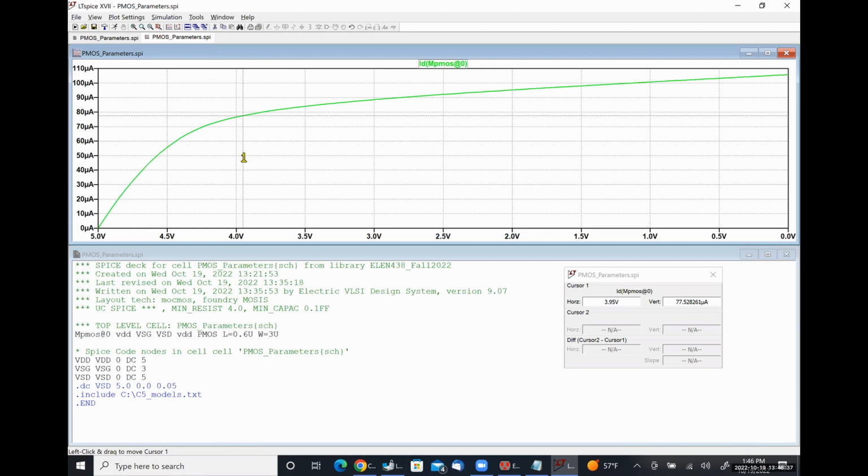All right. So now that we have a value for mu p Cox, let's see.